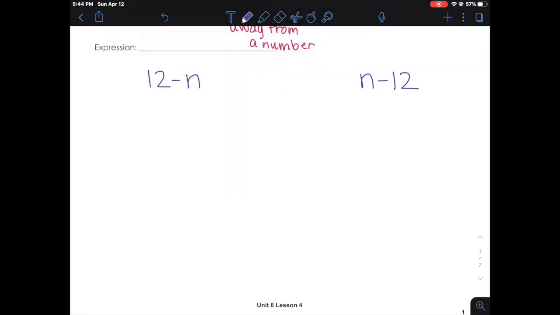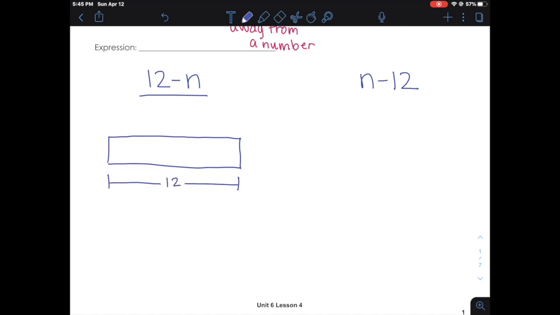Okay, so say for this expression right here, we have a big tape diagram or bar model, whichever you want to call it, okay? And this is going to represent 12 because we're starting off with 12. Then it says that we need to subtract n. So I'm going to take a little piece of this, and this is going to be n. So our answer should be what is left here in this box.